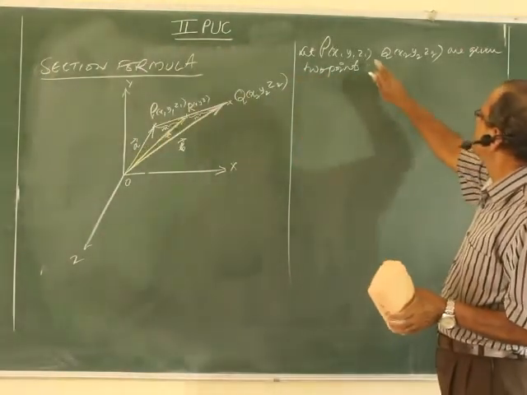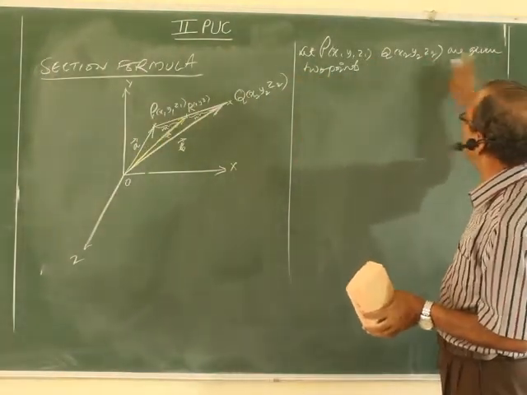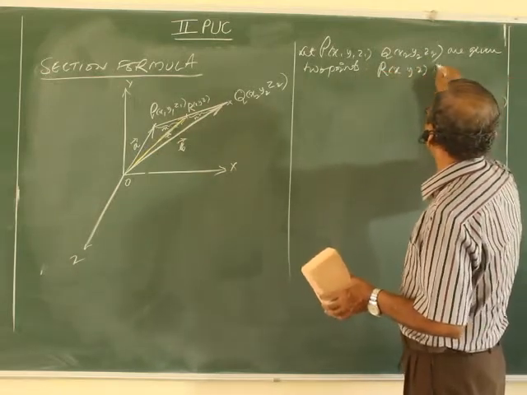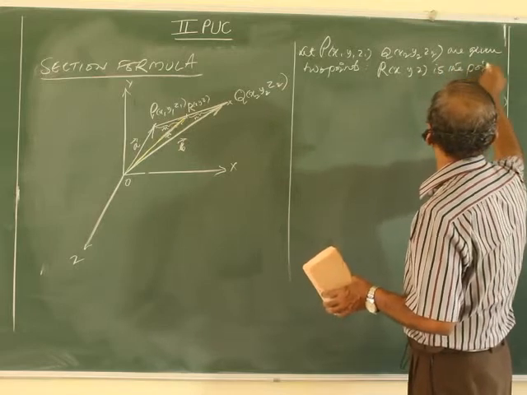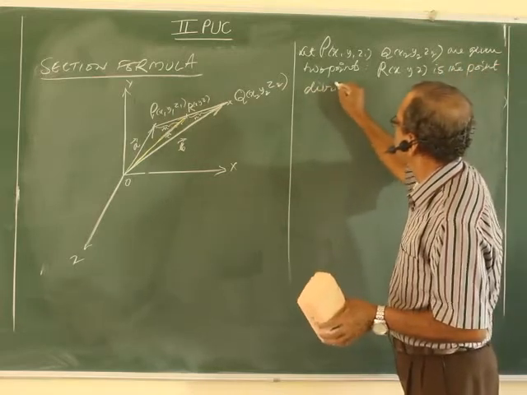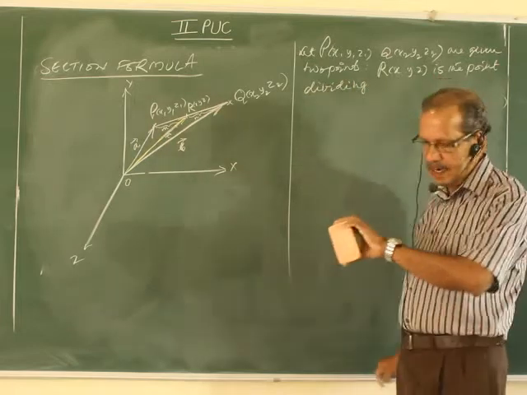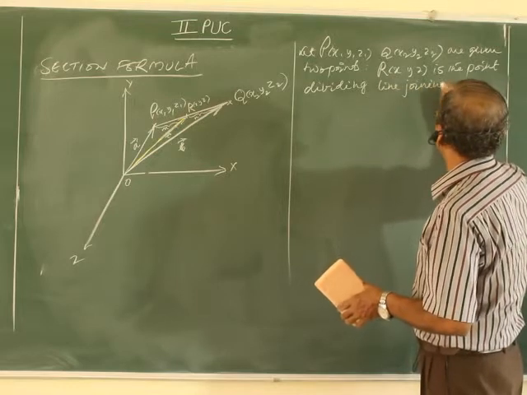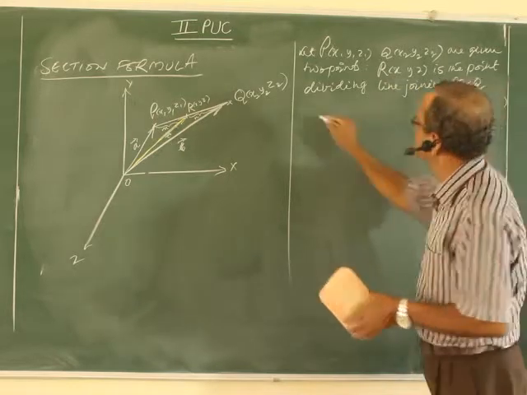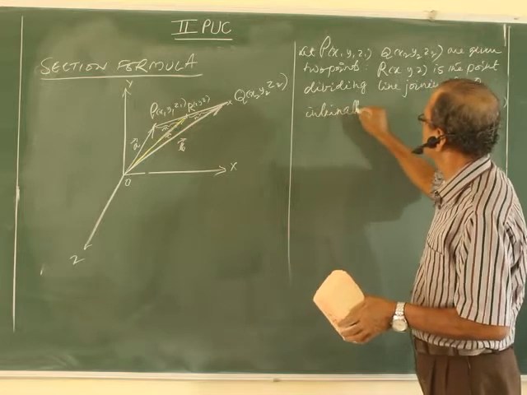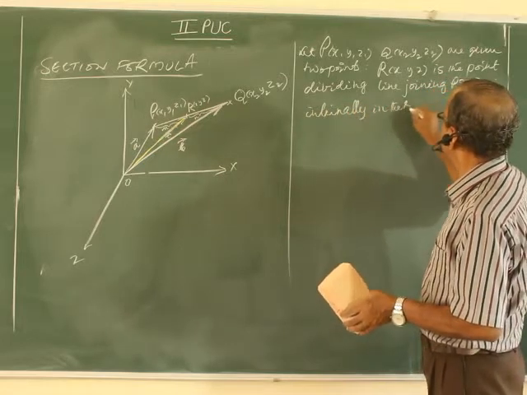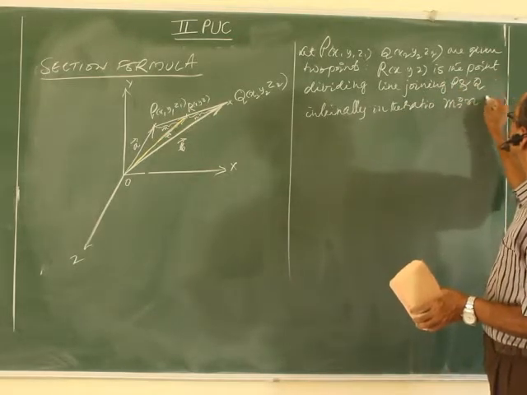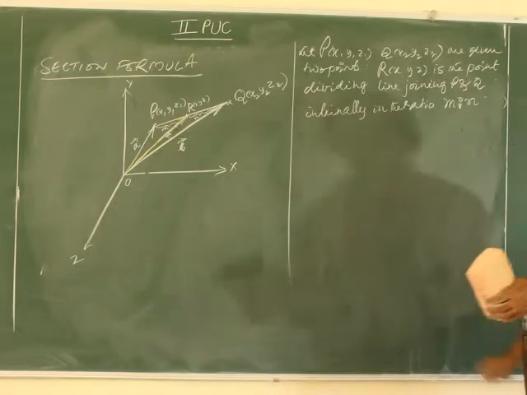Here x1, y1, z1 and x2, y2, z2 are the 2 given points. R(x, y, z) is the point dividing the line joining P and Q internally in the ratio m is to n.